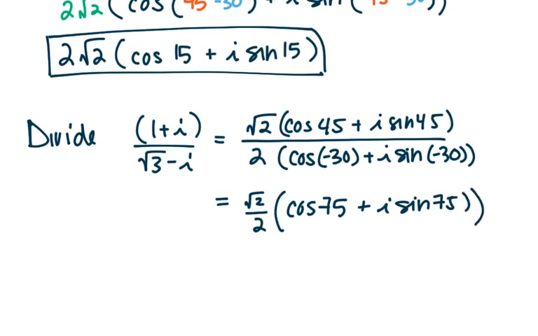And that would be the quotient. The main purpose of this video was just to see how we could apply our quotient and product rules for complex numbers in trigonometric form.